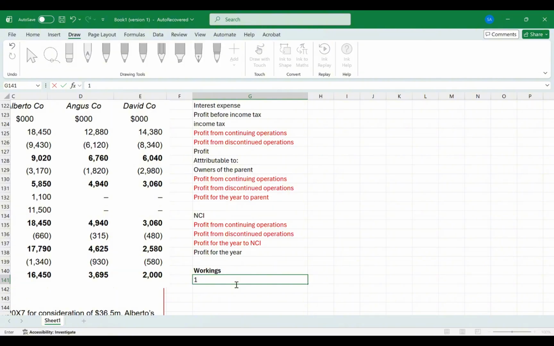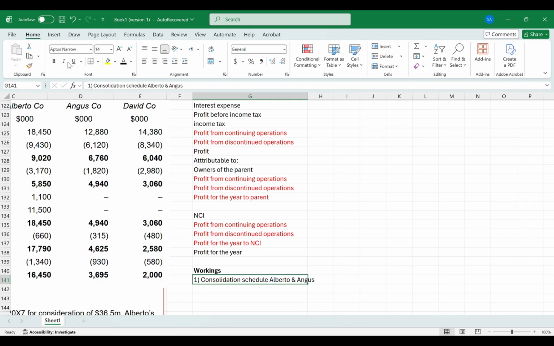So first working is working number one, consolidation schedule A, Alberto and Angus. When there are more than one subsidiary, you have to label like this. Which subsidiary are you mentioning? Very important.